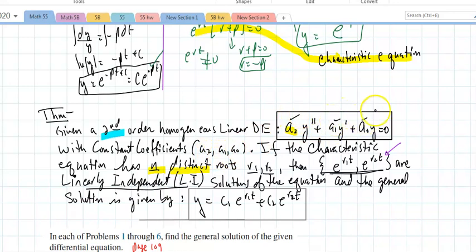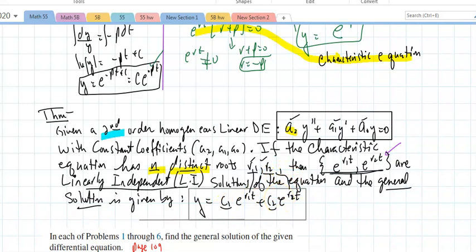If the characteristic equation has distinct roots, since it's a second order, you're dealing with a quadratic. If the quadratic has two roots, r1, r2, we say that e to the r1t, e to the r2t are linearly independent. You all know what that means because you took math 10. Solutions of the equation. And the general solution looks like e to the r1t, e to the r2t, times some c1 and c2.